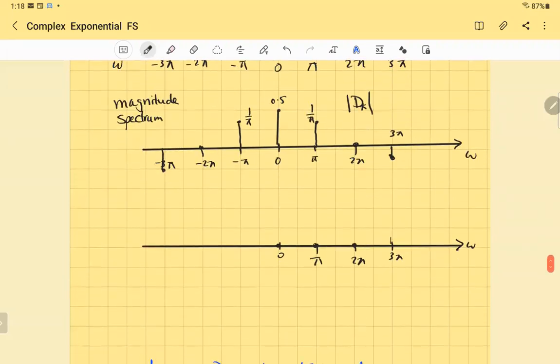How do you do the negative frequency? Simple. You reflect and then reflect again. All zeros, and that should be pi, you make it negative pi. That's it. So what do we call this one? That's the angle of the coefficient, and it's called the phase spectrum.